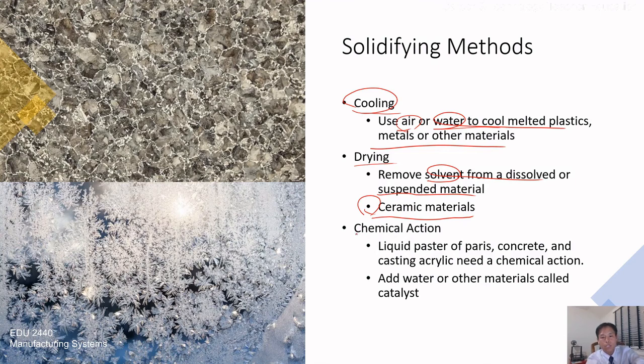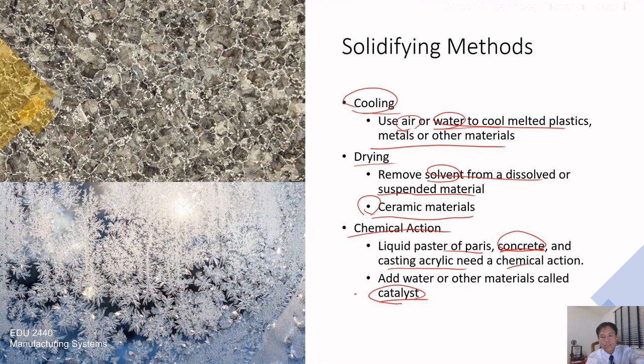And then sometimes we need special chemical actions, such as plaster of Paris or concrete, and some casting acrylic needs chemical action. An example is concrete or cement. Cement needs water or another material called a catalyst to make a chemical action.